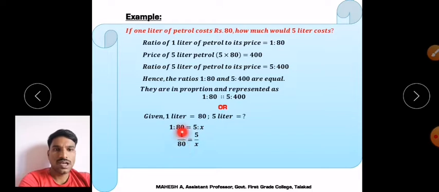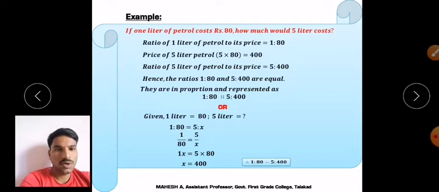That means you should put it in the cross multiplication form of the fractions, so that 1 into X, that is 1X, equals 80 into 5, that is 400. So X is equal to 400, and it is expressed as 1:80 is equal to 5:400. This is how you express it when two ratios are equal, in the form of proportion.